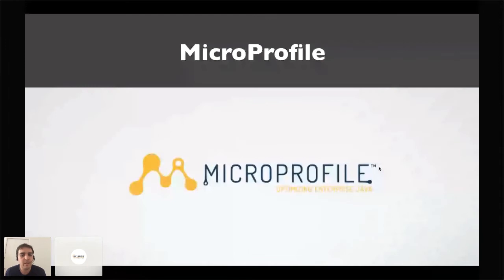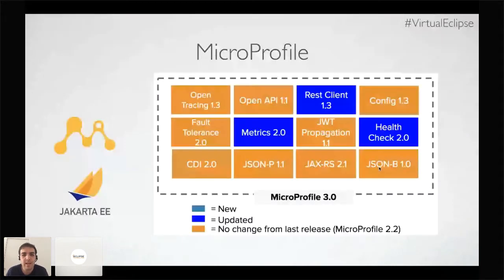The second term used in the title is MicroProfile. I'm not sure how many of you are aware of what MicroProfile is about, so this slide is to explain. It's about adding some missing parts to the JavaEE, or now JakartaEE, framework.